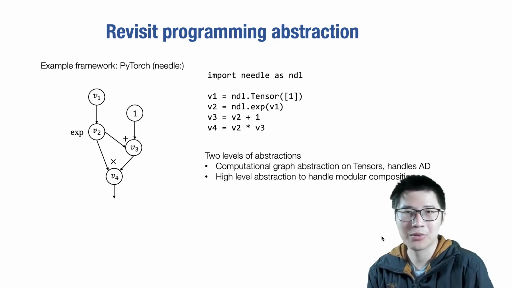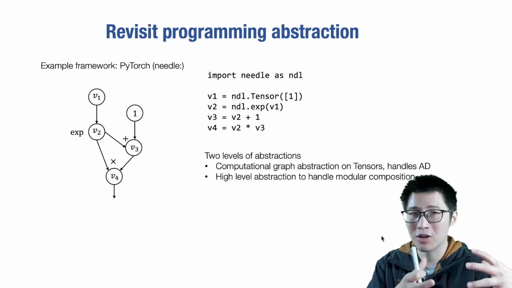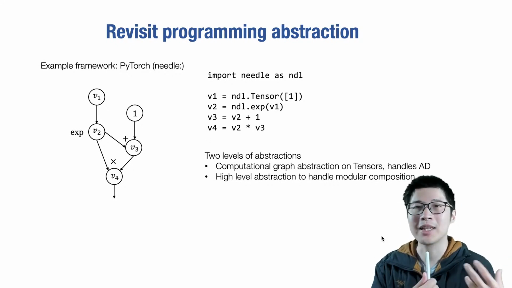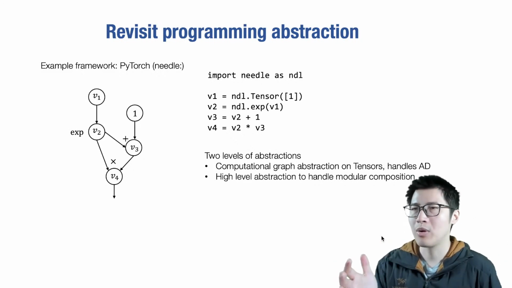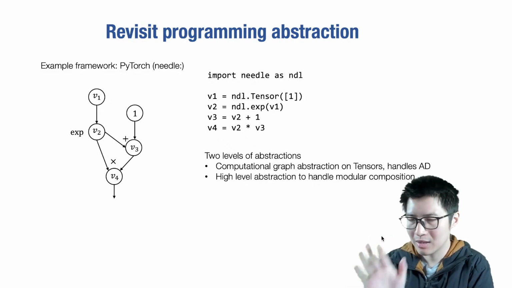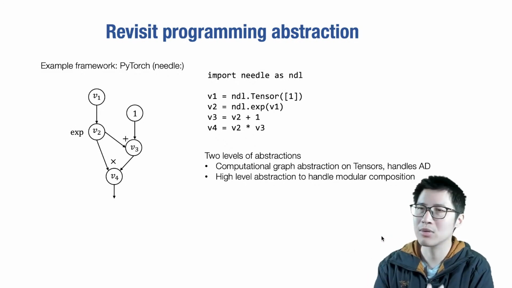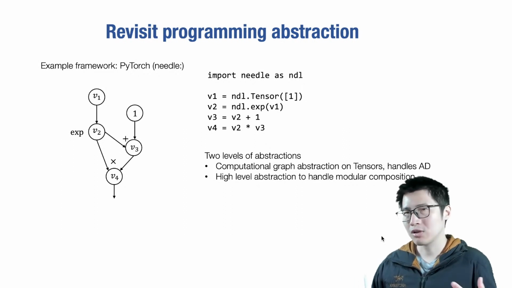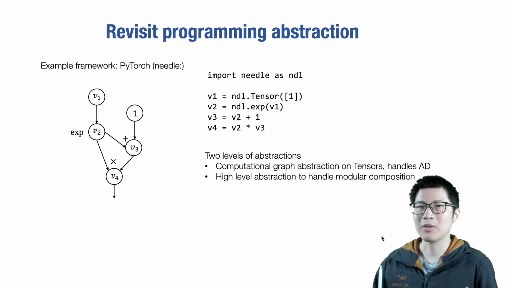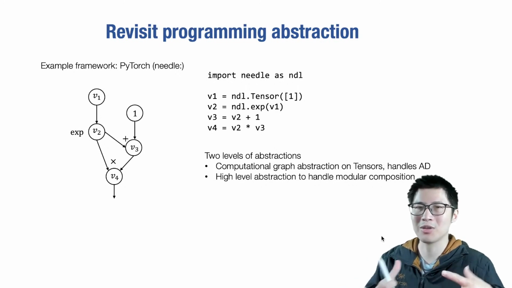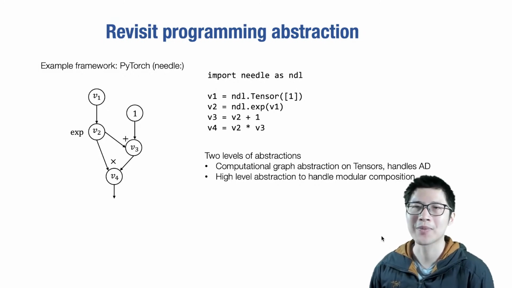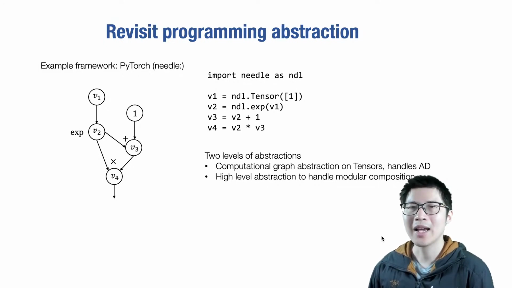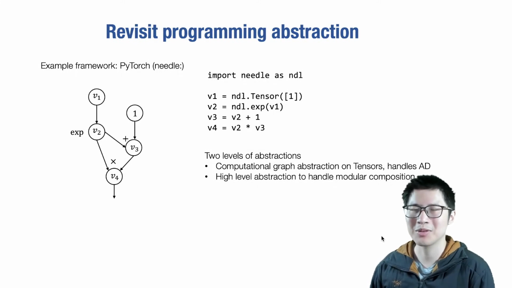The module can contain things like a residual module that is more coarse-grained than the lower-level tensor operations. By separating these two concerns of how we compute a gradient, and directly relying on the underlying tensor library to do that, we can focus on modular composition in a much simpler fashion, by simply defining the forward computations of all the intermediate modules, and then using automatic differentiation to handle all the gradient computations. And that really helped us develop more models easily.